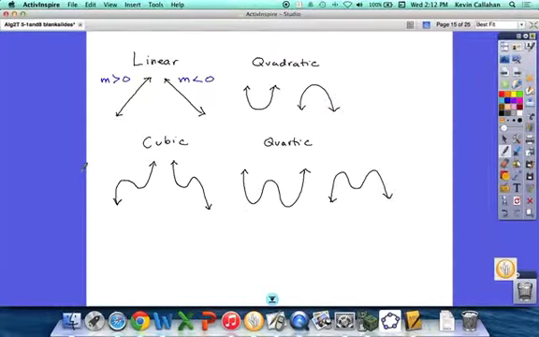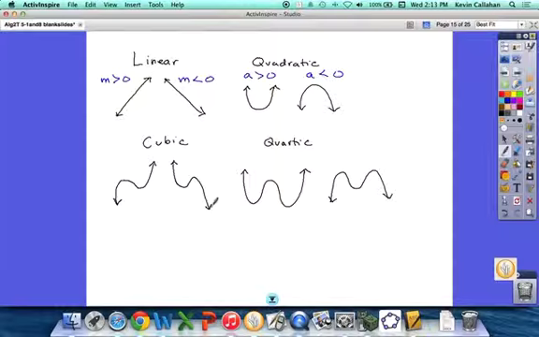Right? From the last chapter, we know what we mean by ax squared plus bx plus c. When the a was greater than 0, the parabola opened up. When the a was less than 0, the parabola opened down. Okay, now cubic functions either look like this or they look like this.